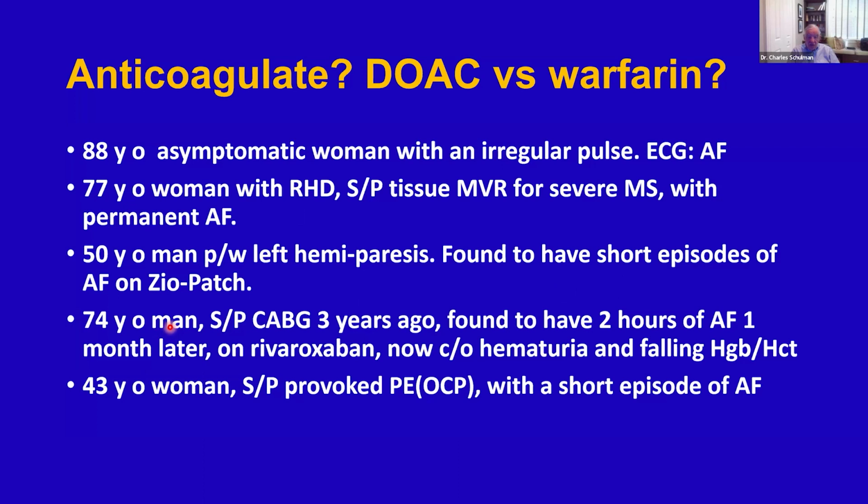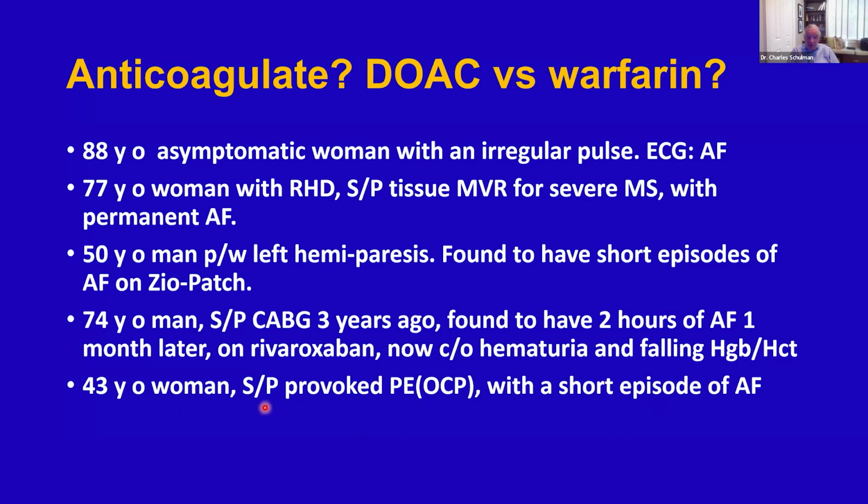This 74-year-old man who had a CABG 3 years ago was found to have AFib a month later, so it wasn't due to the CABG. He was treated with rivaroxaban, but had significant hematuria and a falling H&H, and he wound up with a Watchman device.